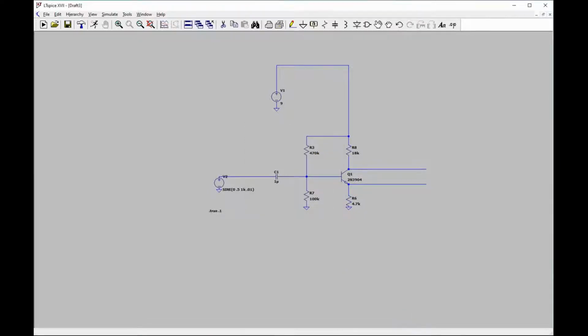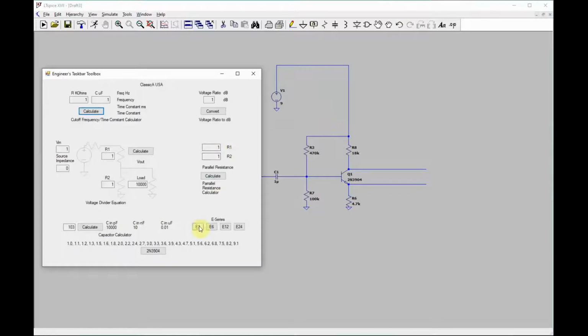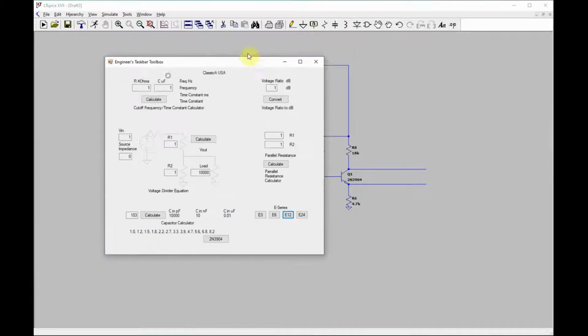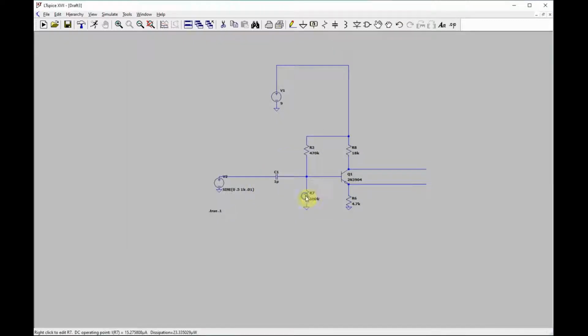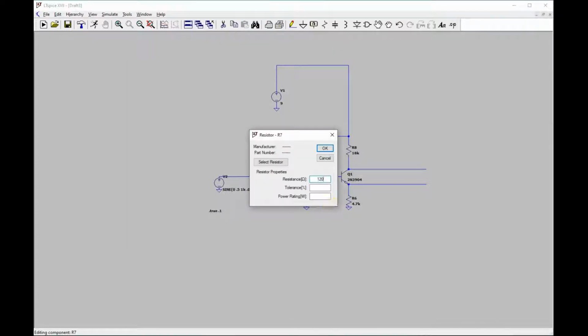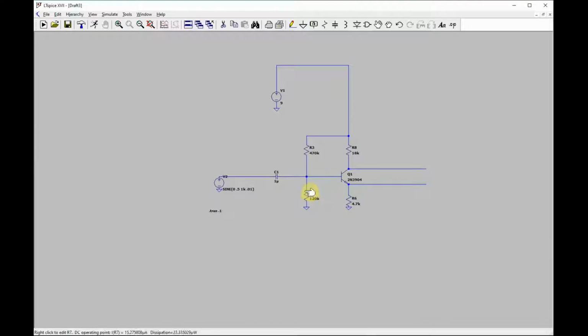Let me show you the E12 series. These are your like 1K, 1.2K, 1.5K, the different values you have. So if you need 100K, you go up to 120K, and I'll show you why soon. So you set this at 120K.